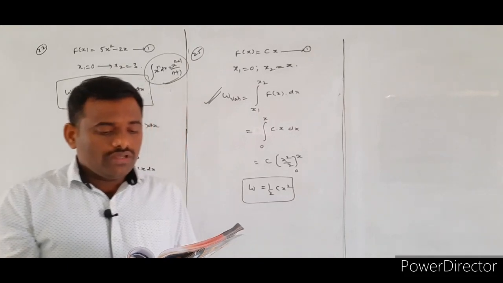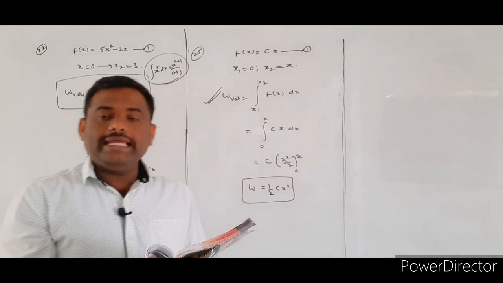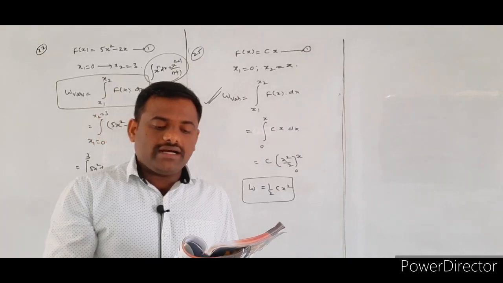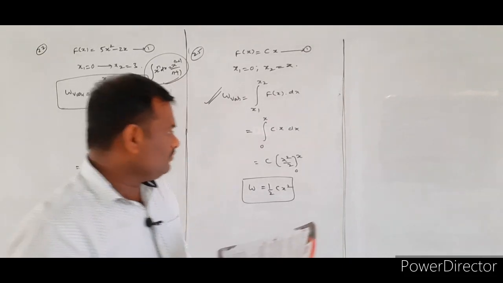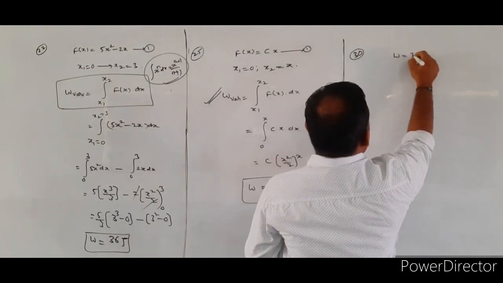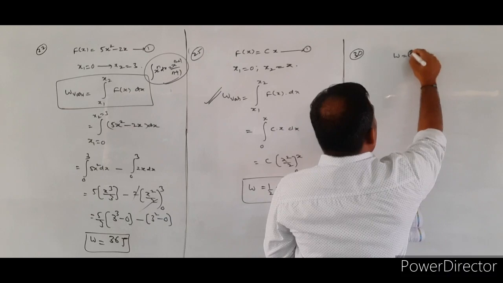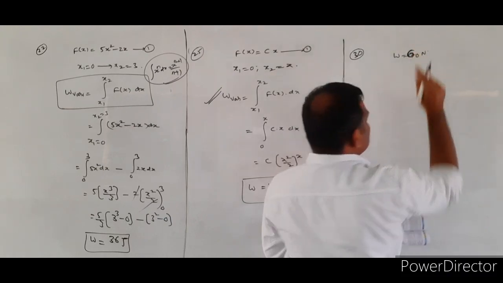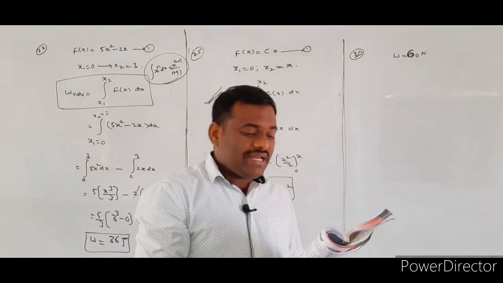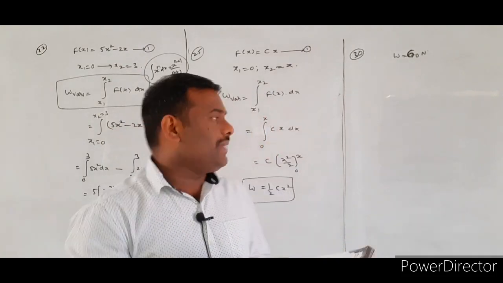Next one. Problem number 30. Important one. A person holds a bucket of weight 16 Newton. What is the weight of the bucket they gave? 16 Newton. He walks 7 meters along the horizontal path.